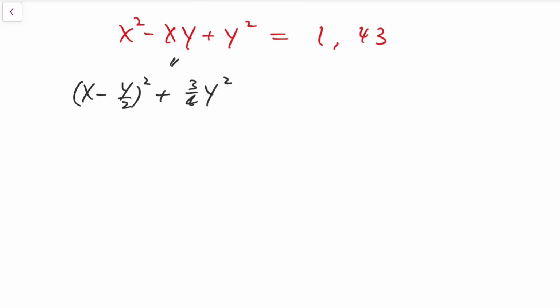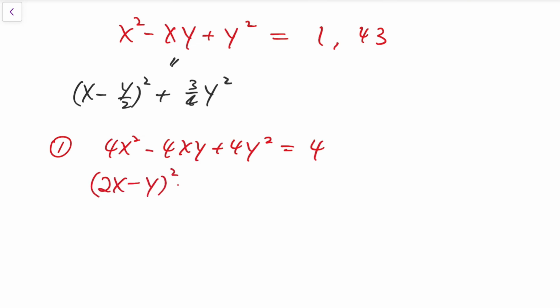Now to solve for big X and big Y, let's try each case separately. The first case is if this quadratic is equal to 1. Then I'm going to multiply both sides by 4 and try to complete squares. Now if big Y is equal to 0, then that means small y will also be 0, violating the condition that they are positive integers, so big Y is at least 1.